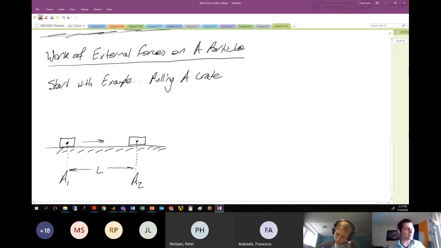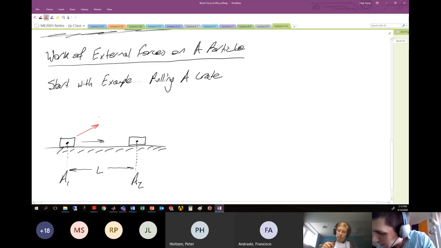We know that boxes sliding along the ground are more or less modeled as particles, so a box is a nice example of a particle moving in space, where the dimensions of the box are not really critical for us. Let's say we're pulling this with a rope along the ground at an angle.